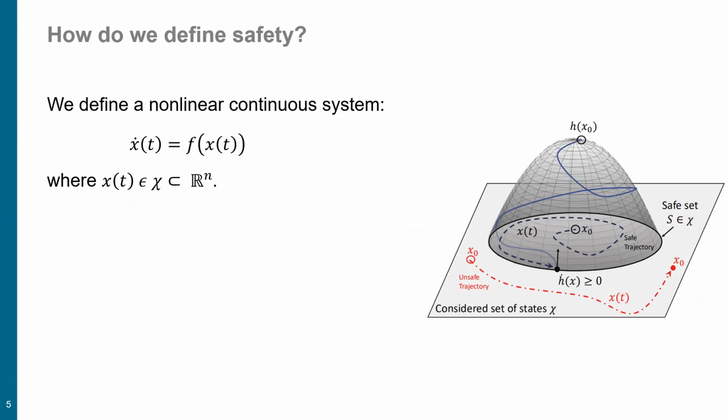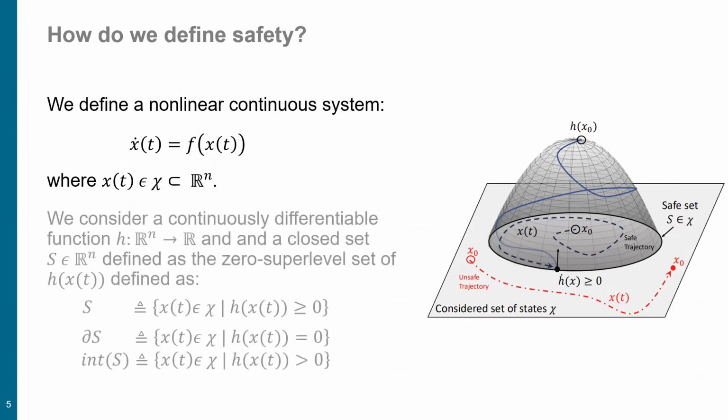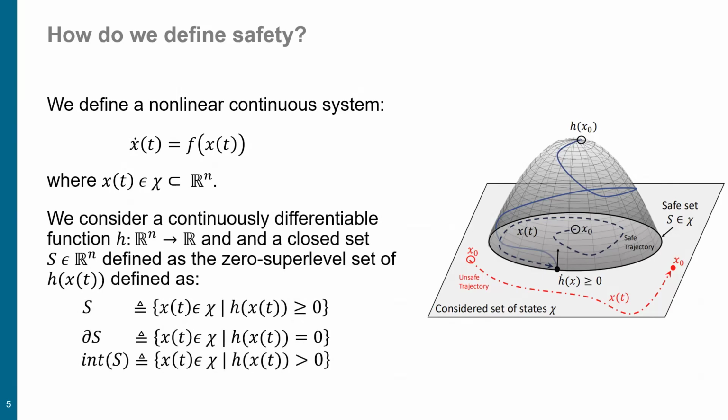And in order to evaluate this, we are searching for a continuously differentiable function h, and it's this here. And h has some nice properties. It's, as you can see here, always greater or equal to 0. As long as we are in the safe set comfortably, it's strictly positive, and if we are on the boundary, it's 0.